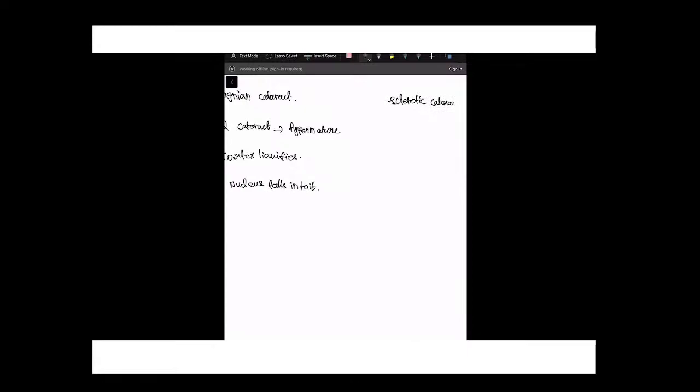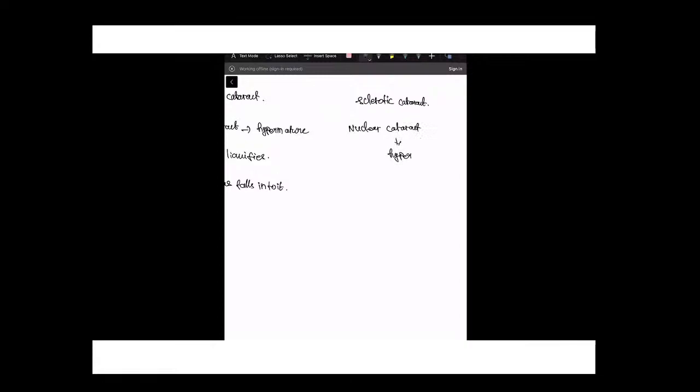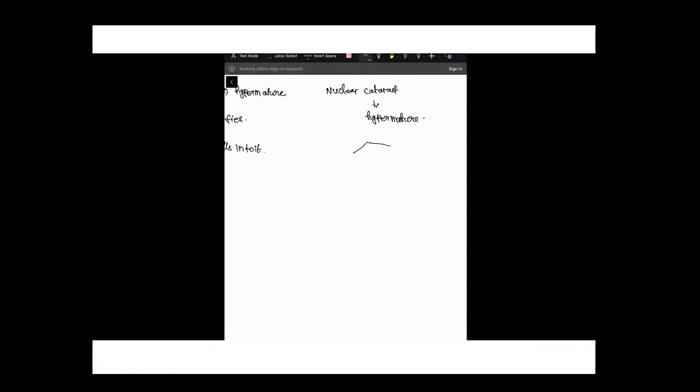sclerotic cataract. There is a nuclear cataract, and that gets hypermature. There are two forms. This can end up as cataracta brunescens or cataracta nigra. The name says nigra, so it is black in color.